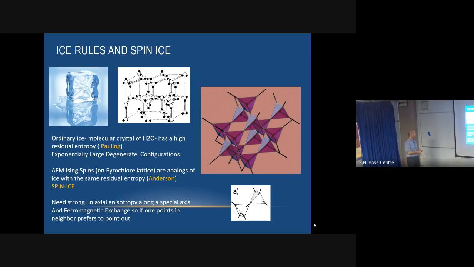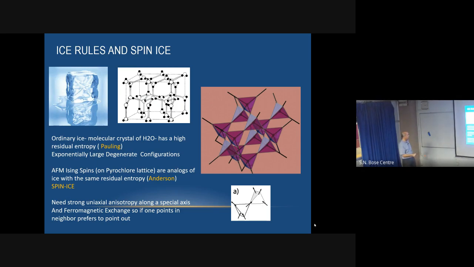So these ice rules lead to a residual entropy, and we'll discuss this. And actually, that was already mentioned. It was first derived by Linus Pauling, maybe in the 1950s.